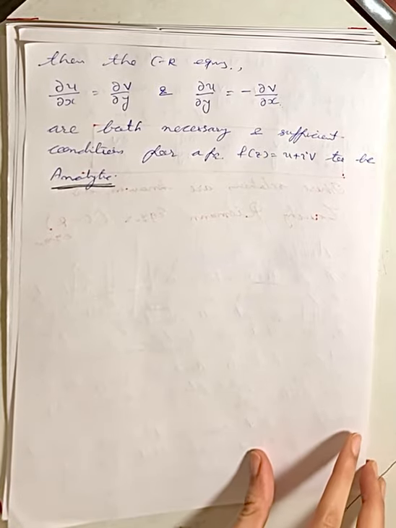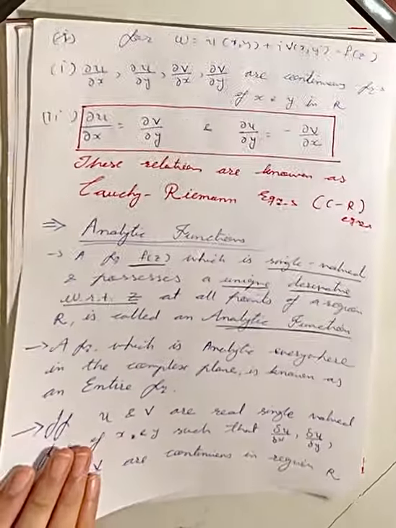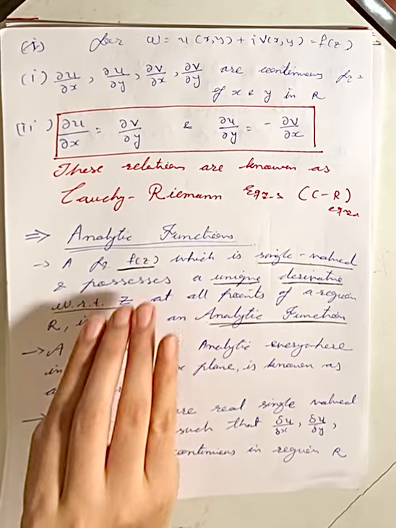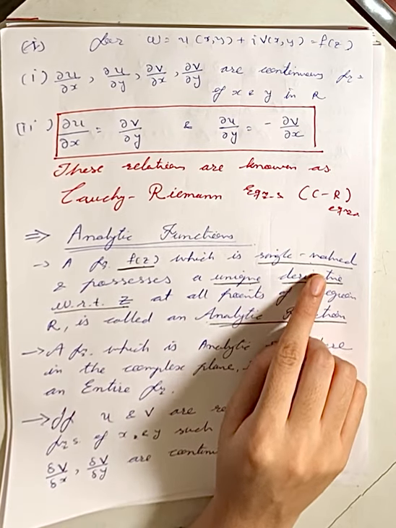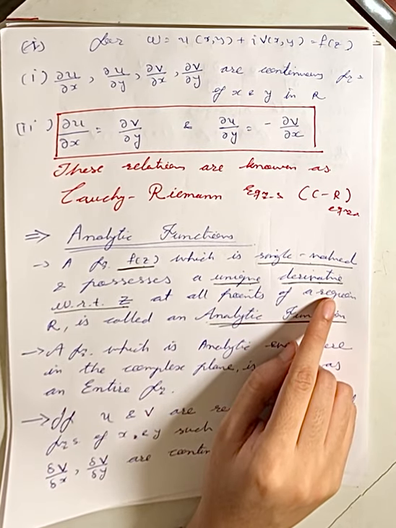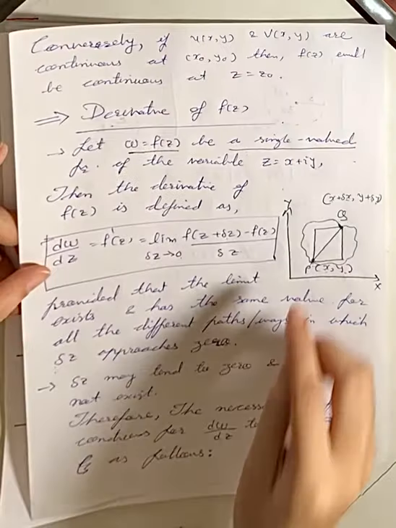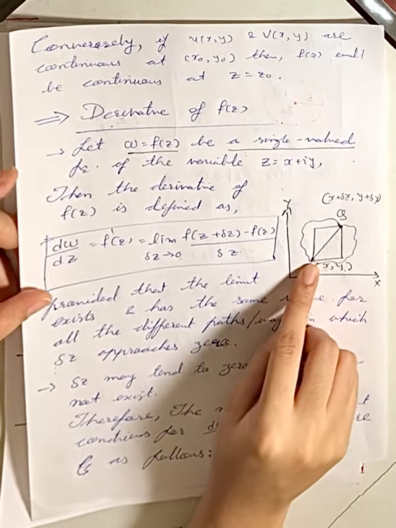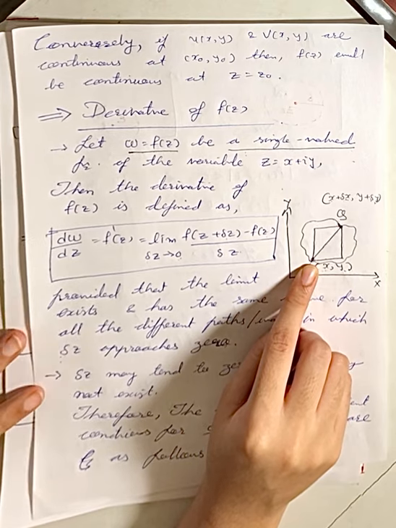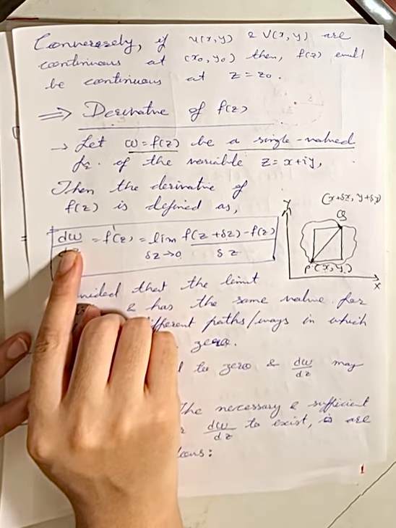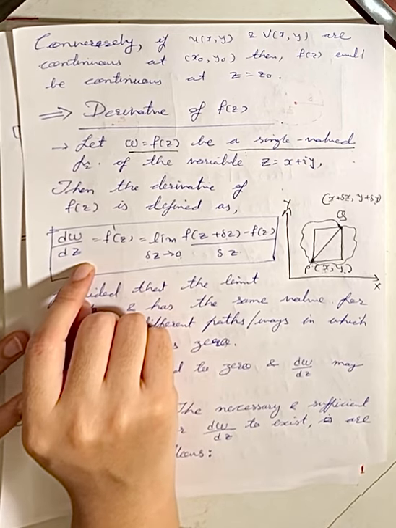So what is an analytic function? You define a function in a plane and that function is single valued and it has a unique derivative. It doesn't matter what path you take, the function is itself single valued, and then you define the derivative and that derivative also turns out to be unique.